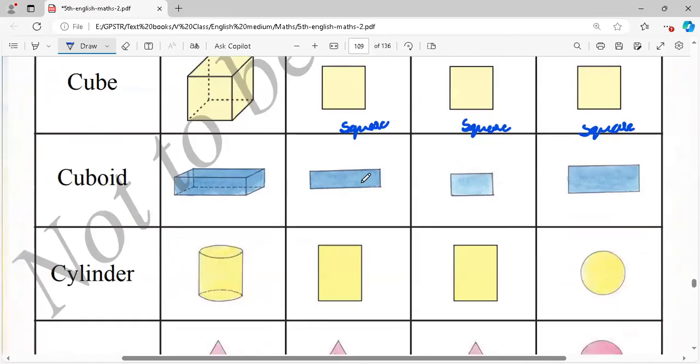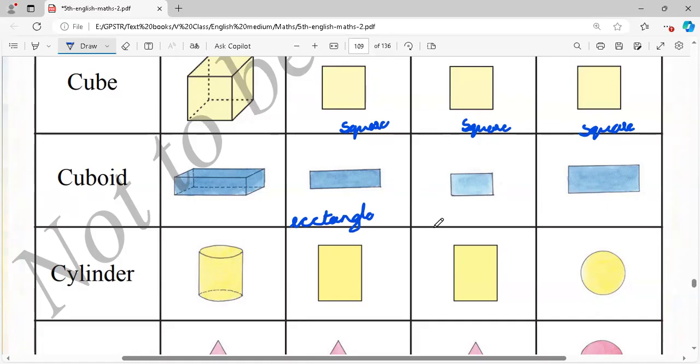Cuboid. This is a cuboid. In a cuboid, the elevation or front view looks like a rectangle. The side view is also a rectangle, and the plan is also a rectangle.